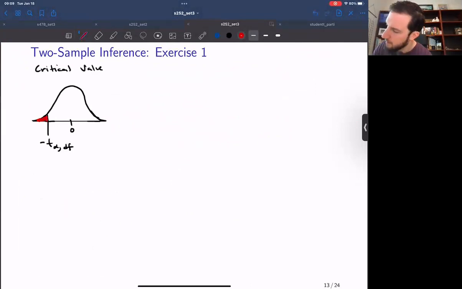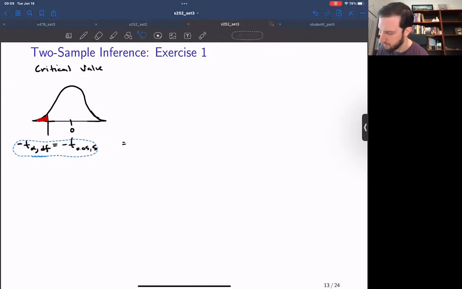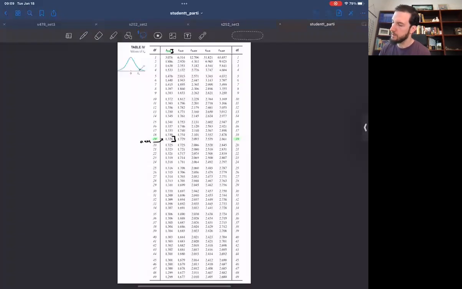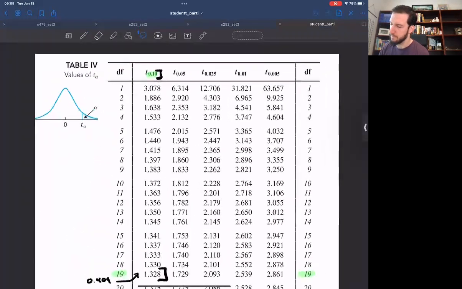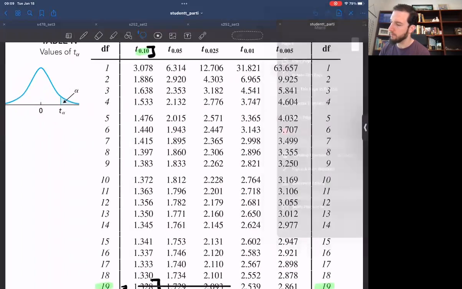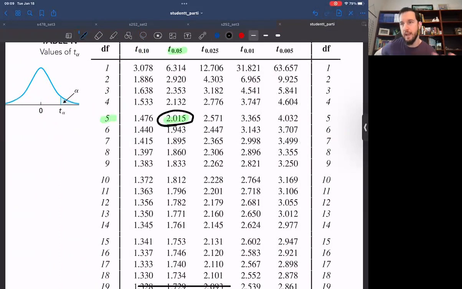All right. So this is going to be negative t 0.05 and 5. All right. So we go to our t table. We're going to match 0.05 to 5, 2.015. Okay, so our critical value for this test is going to be negative 2.015.